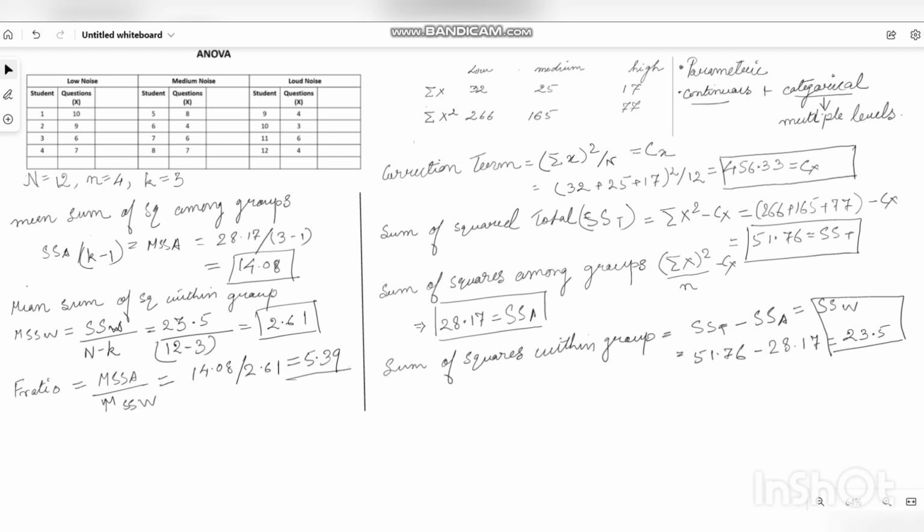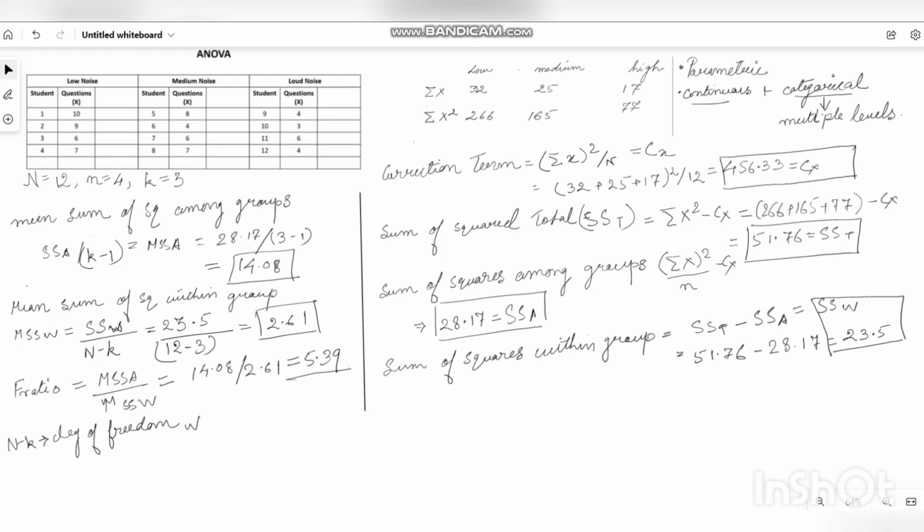Now we have two things over here. One is the N minus K, which is known as the degree of freedom within groups.